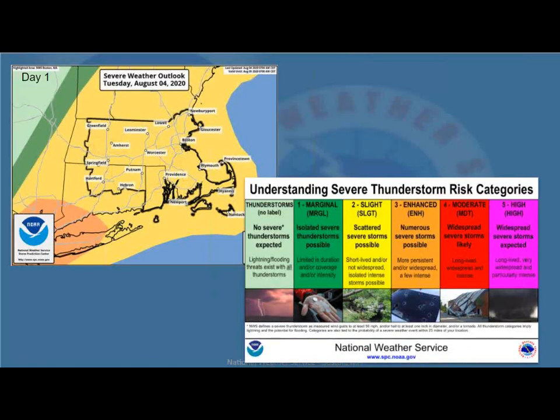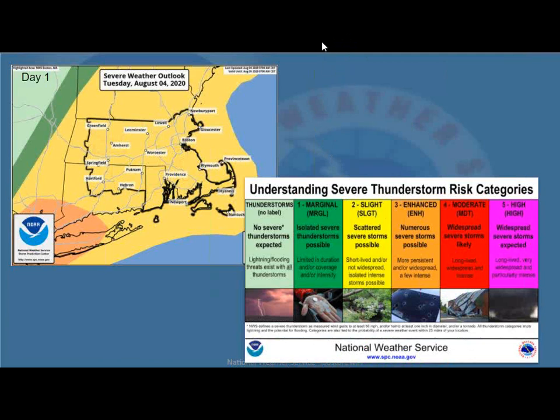And this was one of the graphics that we put out on social media, and also that we sent out to our partners. And it's just easier to see as it shows the cities and the interstates. That's pretty much the same information from SPC, but focused more towards southern New England. And we also included an explanation of the different levels.